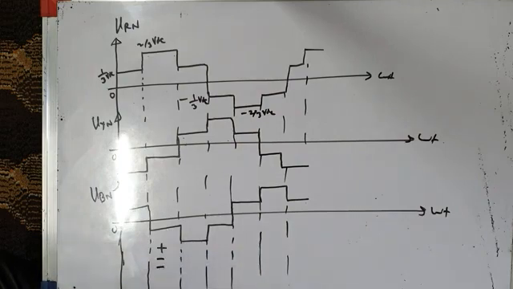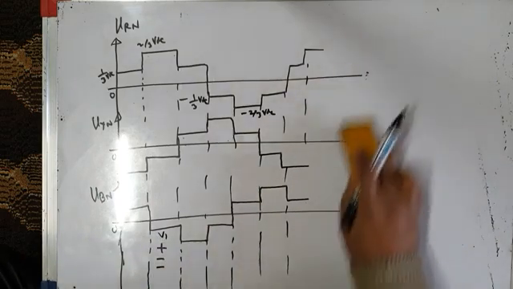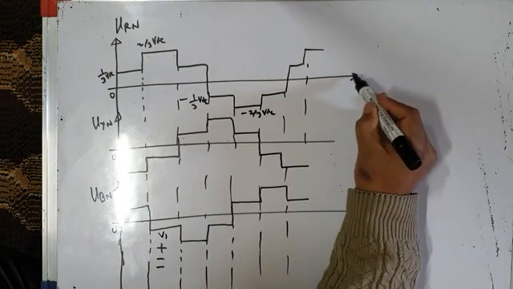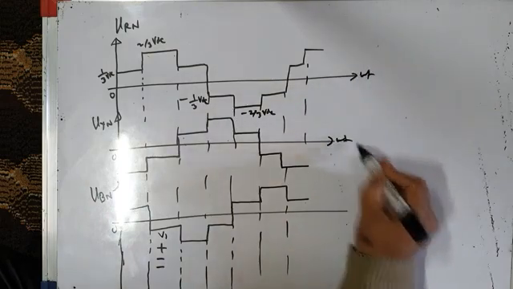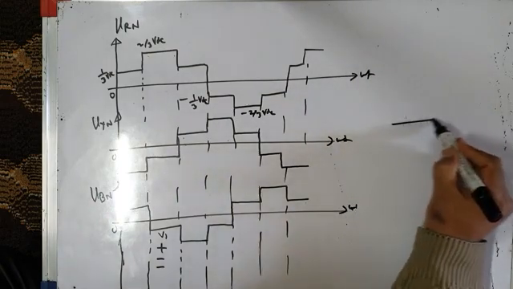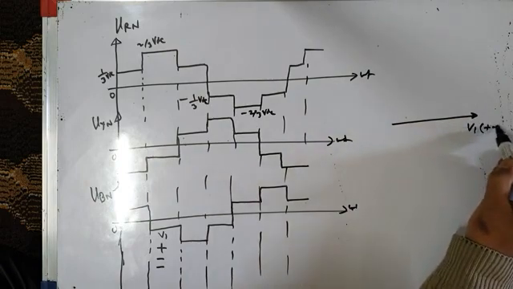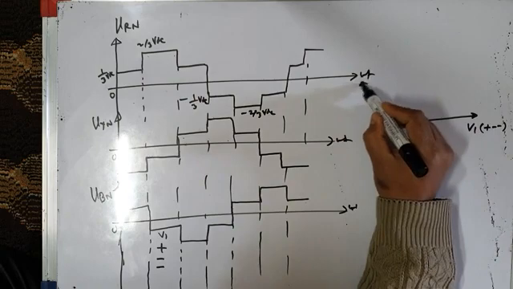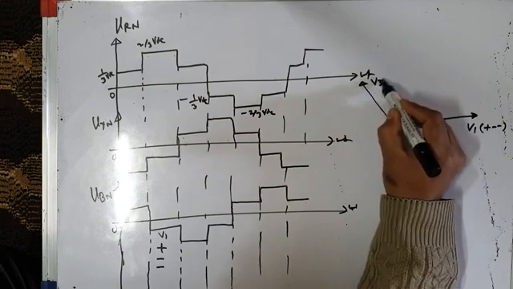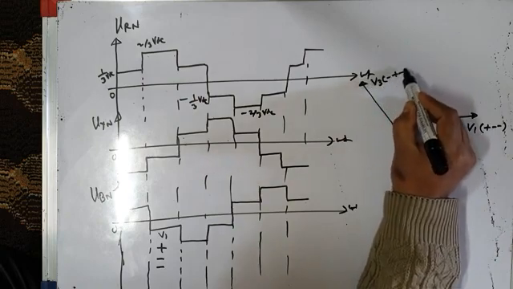So which switching state is this? Isn't it switching state V1? Let me draw that on the side. Omega T, Omega T, Omega T. I will draw the space vector diagram again. So this is V1, plus minus minus. This is V3, minus plus minus.